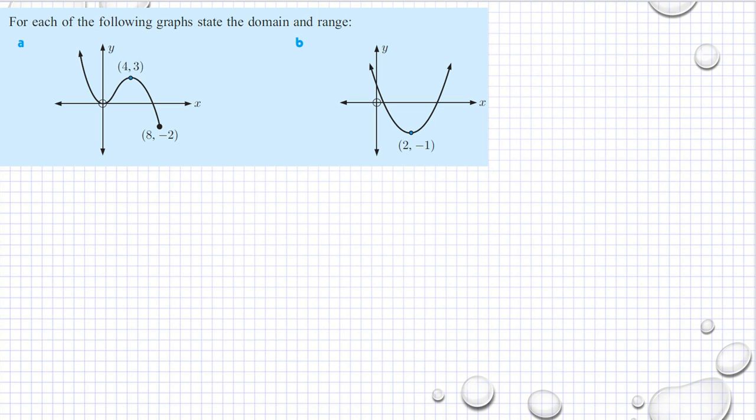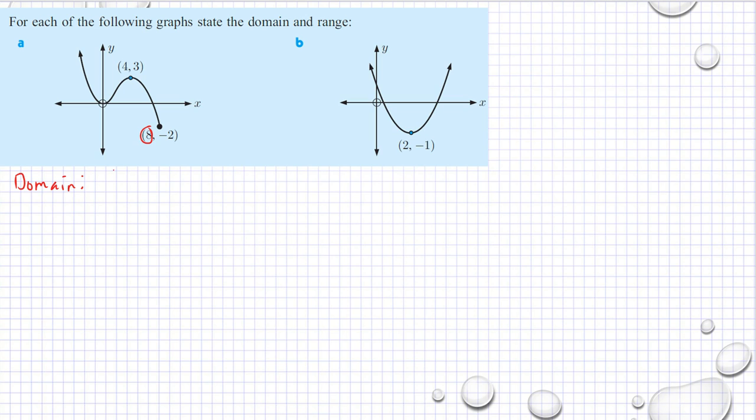Let's continue. For each of the following graphs, state the domain and range. We will start with the domain. As you can see here, from 8, our x is 8, to the -infinity.